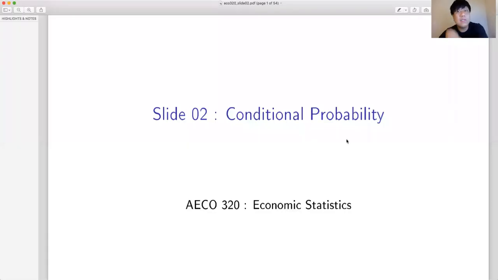Okay, today's lecture is about conditional probability. So far, you have learned how to get the probability. Probability was basically the frequency of some particular interest over the total number of observations. Previously, our example was, what is the probability of a female, or what is the probability of a male?